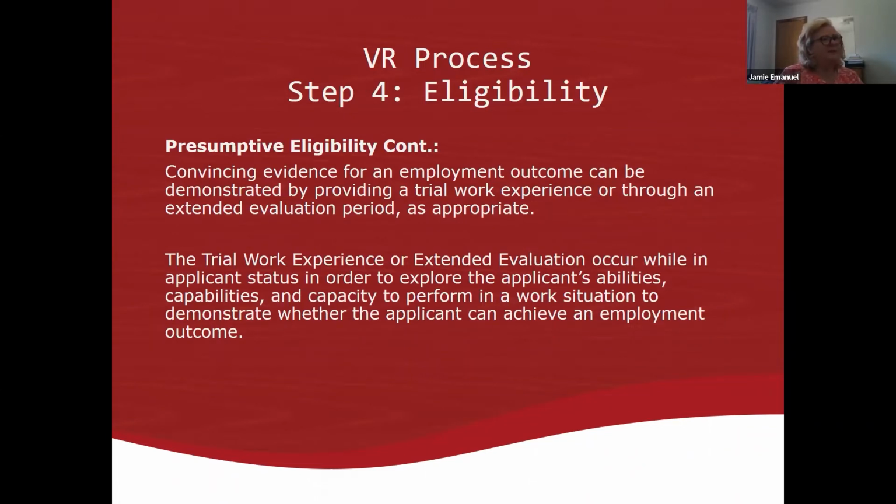Convincing evidence for an employment outcome can be demonstrated by providing a trial work experience, which we talked about earlier, or through an extended evaluation period as appropriate. Either the trial work experience or the extended evaluation occurs while they're still in applicant status. This gives you the opportunity to explore the applicant's abilities, capabilities, and their capacity to perform in a work situation, or to demonstrate whether they can achieve an employment outcome.